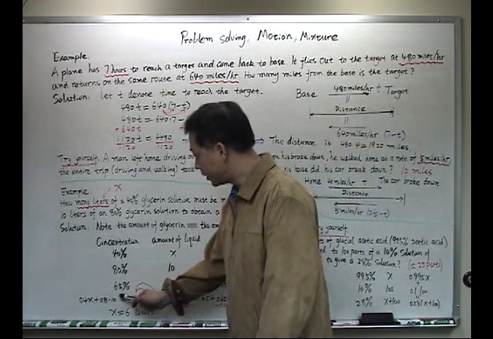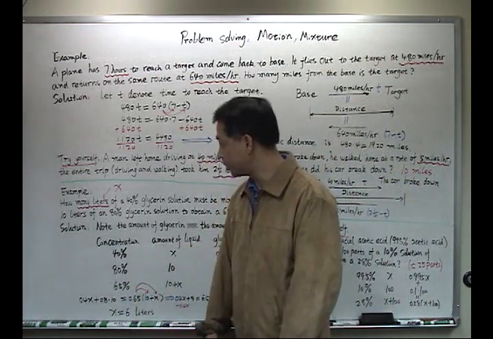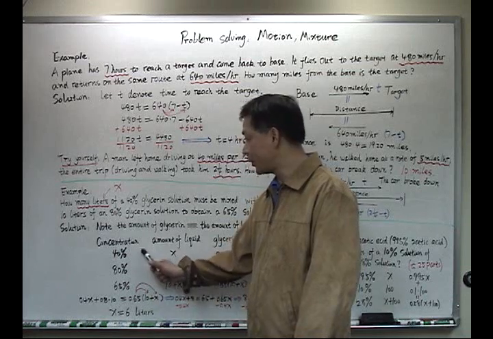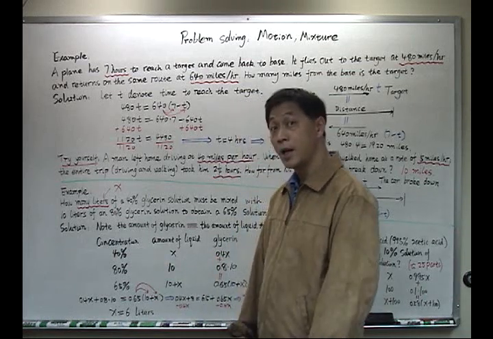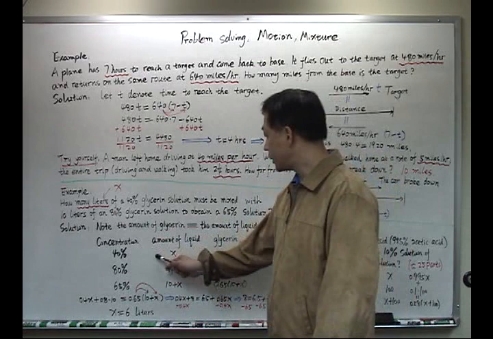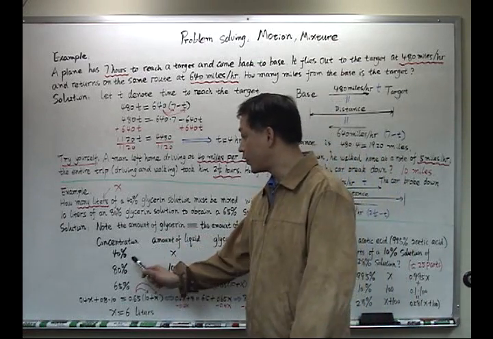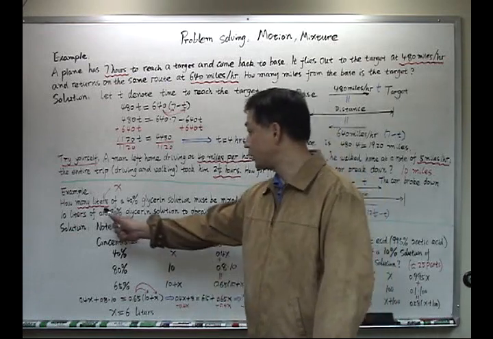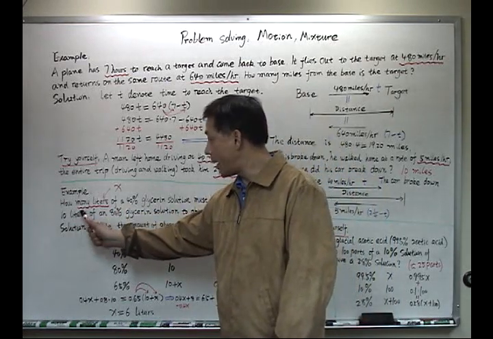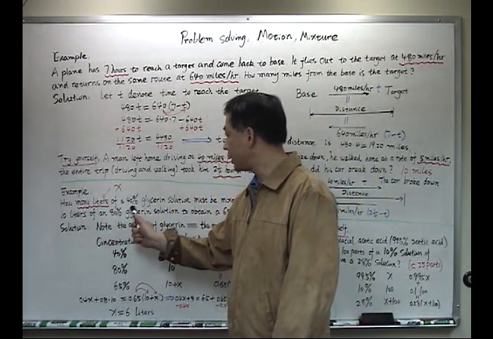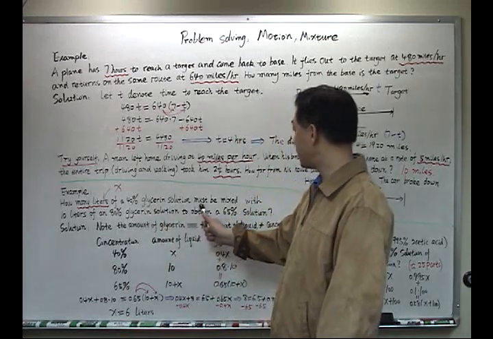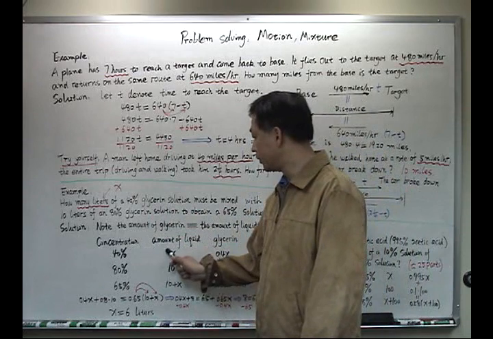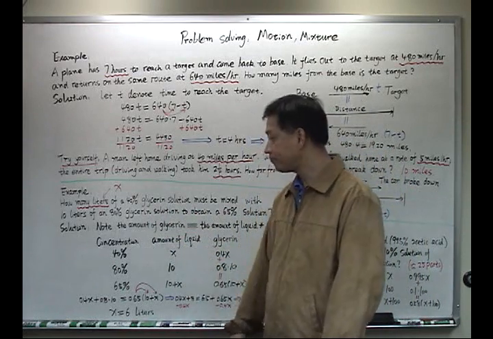So we have 3 kinds of concentrations. What is the amount of this liquid for 40% concentration? This is what we want: how many liters of 40% glycerin solution must be mixed? We don't know, so we assume this is X.